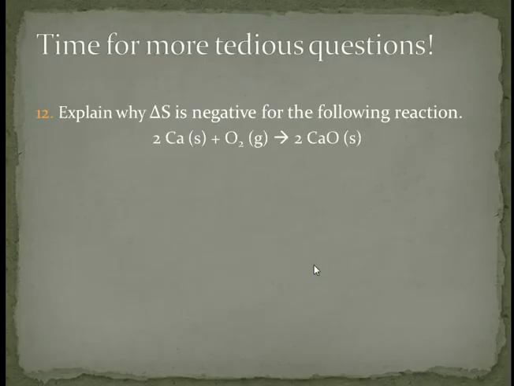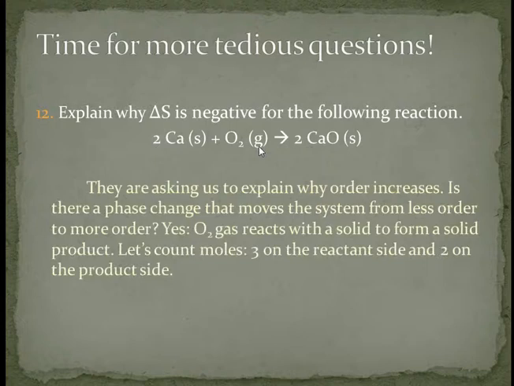More tedious questions. Explain why delta S is negative for the following reaction. Well, there's a solid here, a gas here, and a solid here. 3 moles on this side and 2 moles on that side. So as we can see, the number of moles of gas is going down. The moles in general are going down, but moles of gas also decreases from 1 to 0.